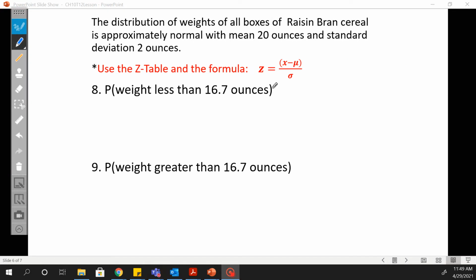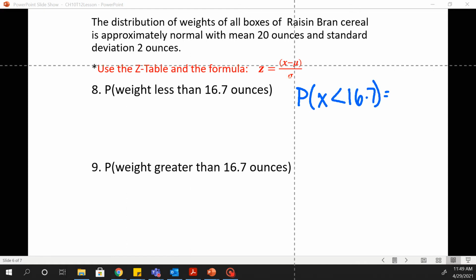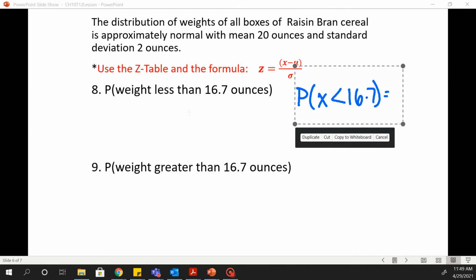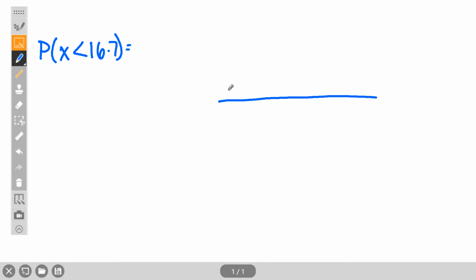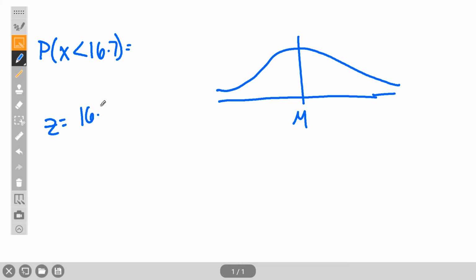And we got number 8, probability that the weight is less than 16.7. Okay, let me make a quick sketch so I know what I'm looking at. Calculate the z-score. So 16.7 minus 20 over 2.